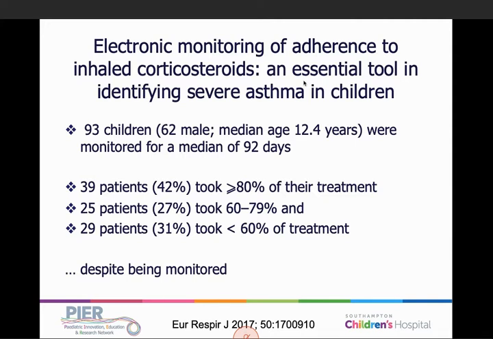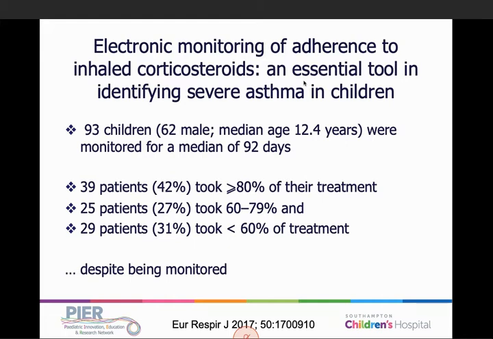The median age there was 2 years, and they monitored them for about 3 months, 92 days. And when they looked at the data in this clinical trial, they found that about 42% of patients, 39 patients of the 93, were taking more than 80% of their treatment. They were doing pretty well and doing what they had been asked to do by the healthcare team.